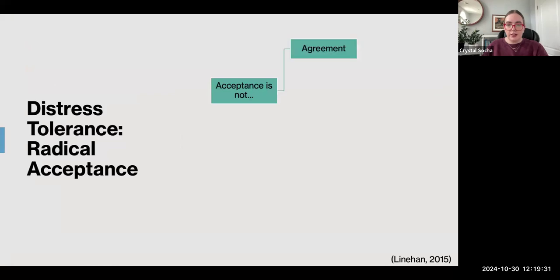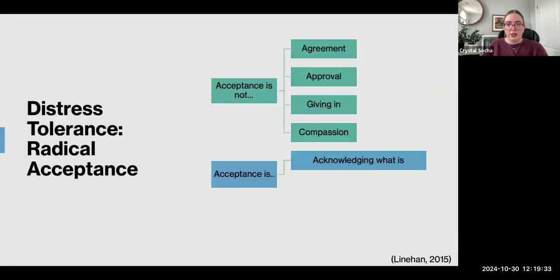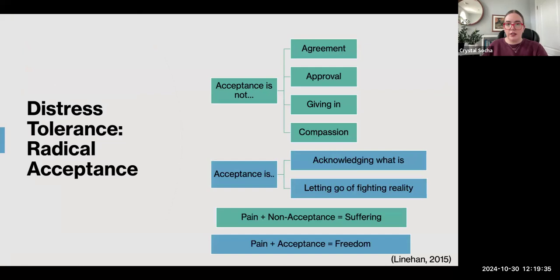I'm skipping through these because these are just some of our introduction, but what I will briefly cover is this radical acceptance piece being one of the last skills we covered the last time I was here a few months ago. We know acceptance, in the DBT world, does not mean agreement.